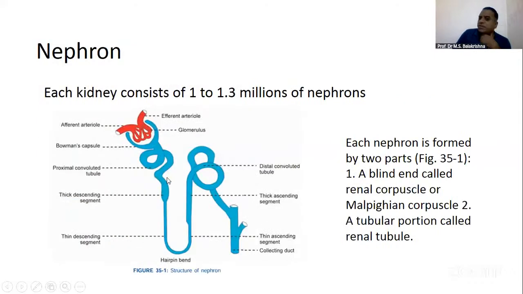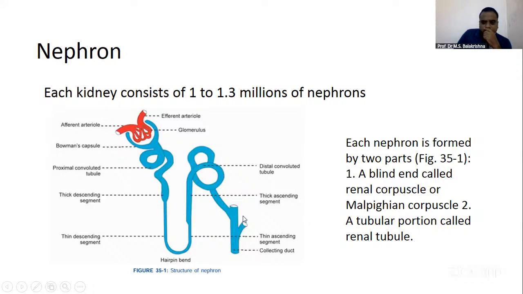The structure of the nephron, right? So this is the Bowman's capsule, and the cup is called the glomerulus. Then you have got the PCT, then the thick descending segment, thin descending segment, hairpin bend, that is called the loop of Henle. Then the thin ascending segment, thick ascending segment, DCT, and then your collecting duct.